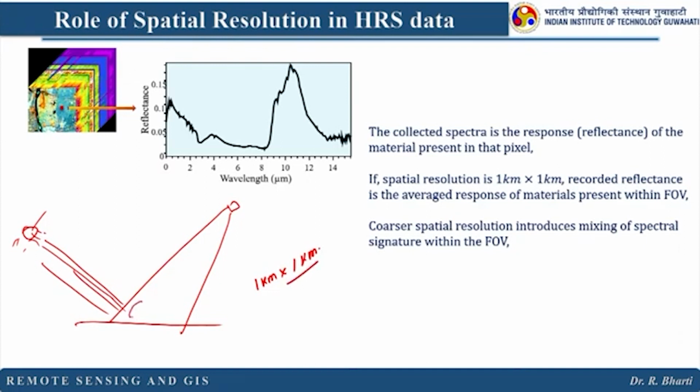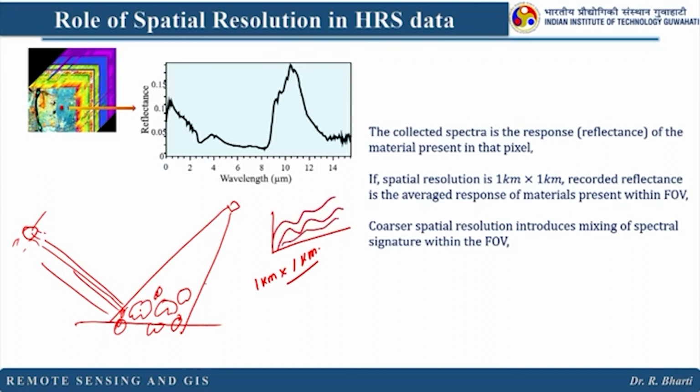You will have multiple objects or different materials present in this area, and if you illuminate them individually, you will get an individual spectrum for each of these materials, right?